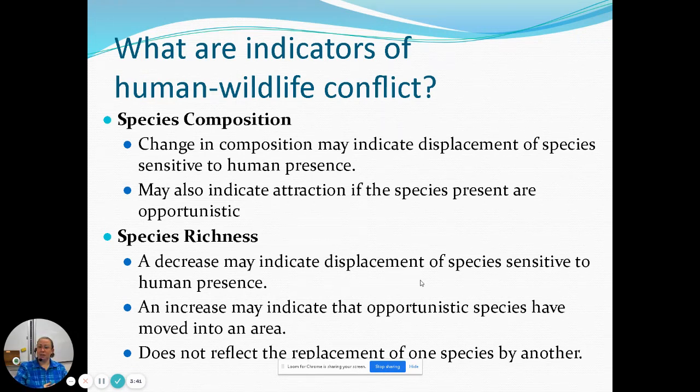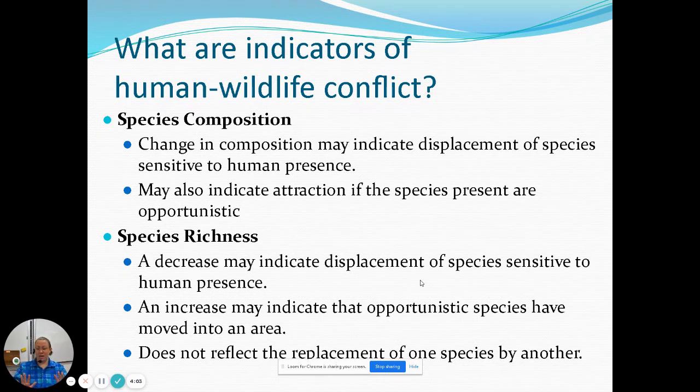We see the type of species present moving towards those that are generally human successful. Urban specialists become more prominent, and maybe those that are urban avoiders become less and less prominent.